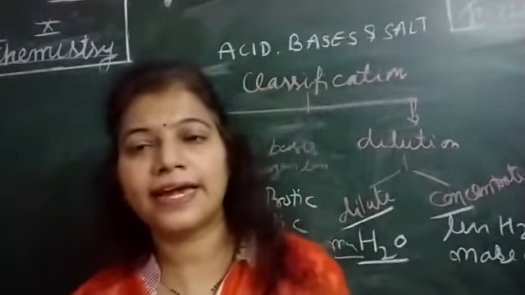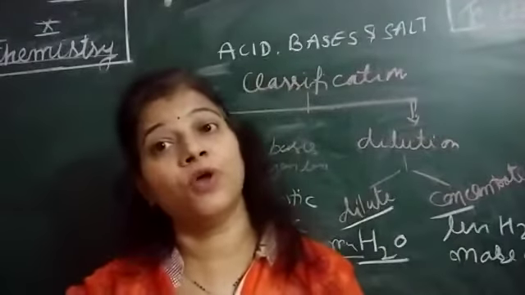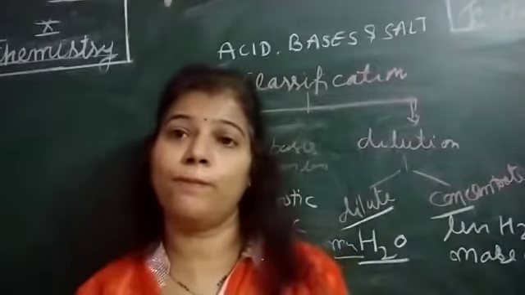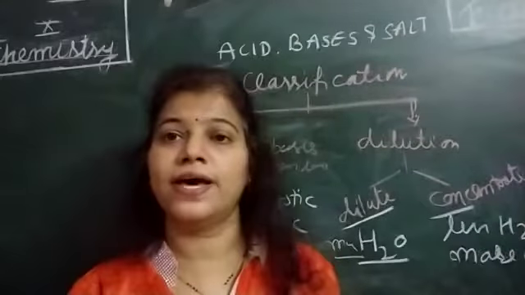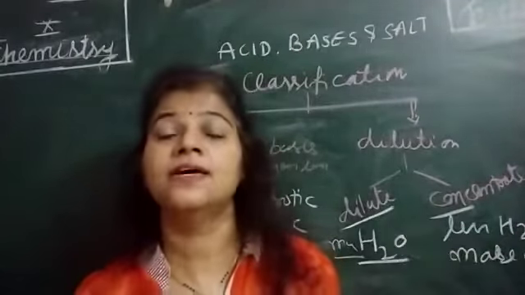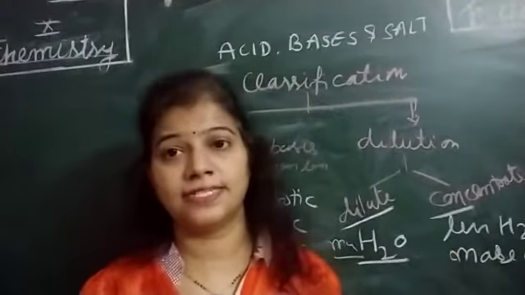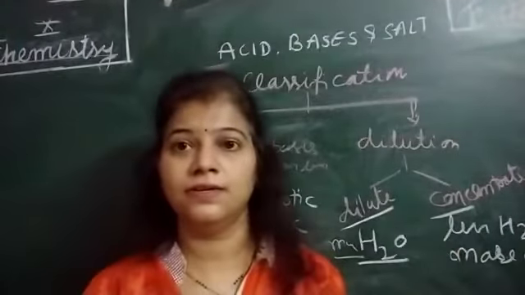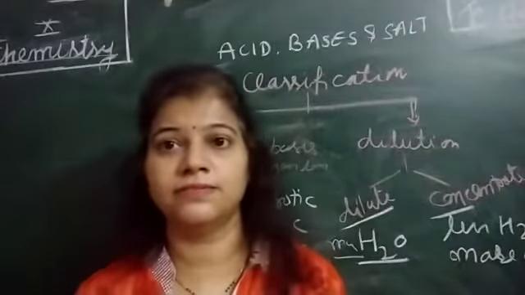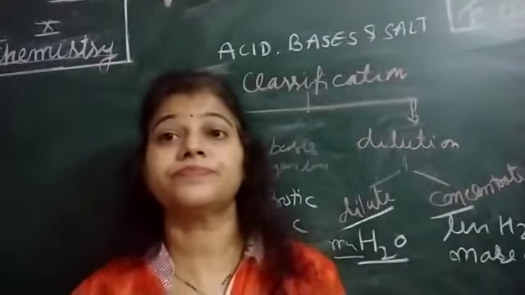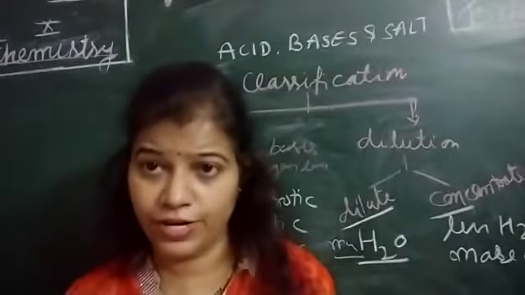The first category is on the basis of origin, that is from plant source, from animal source and from mineral. What are examples of organic acids? The examples of organic acids are acetic acid, oxalic acid, tartaric acid, then citric acid very commonly.